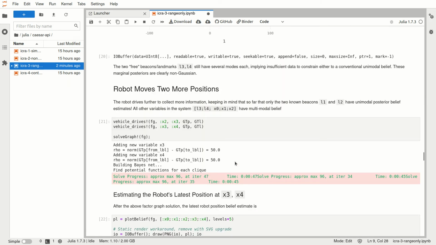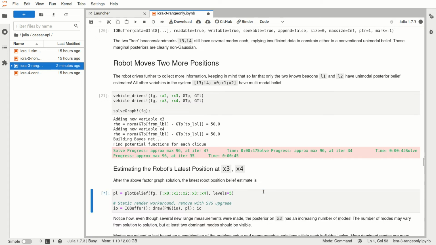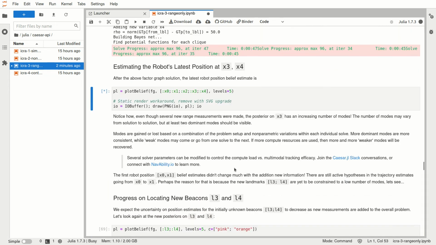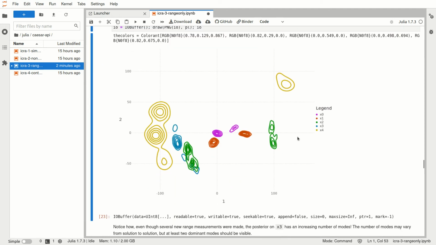Yes, it is. And let's plot all the poses, x1, x2, x3, x4. There you go. So x0 is in purple. So in one mode, maybe the robot traveled from purple to red to green up to this gold color, x4, or the same the other way, x0, x1, x2.